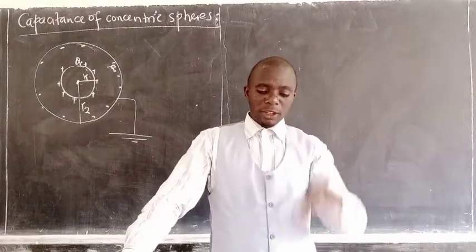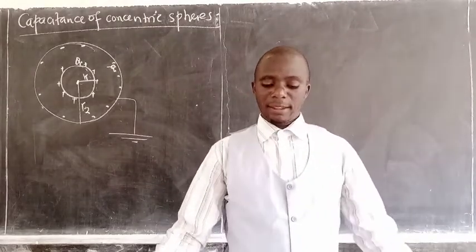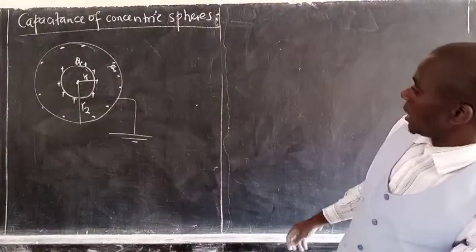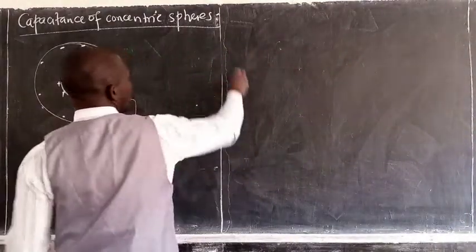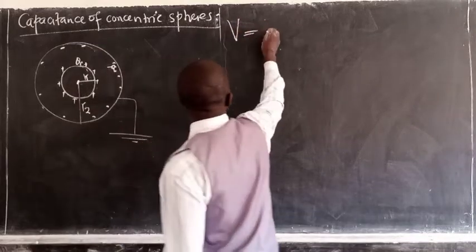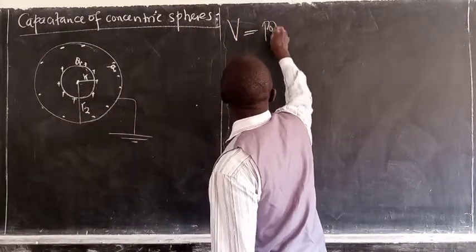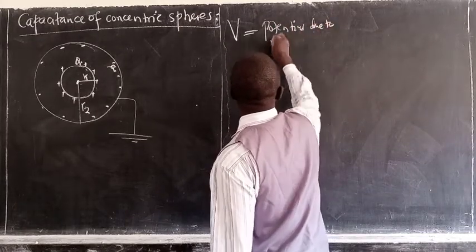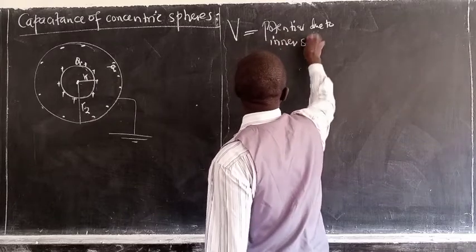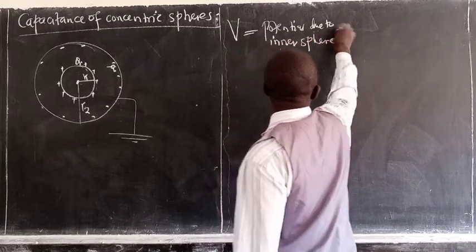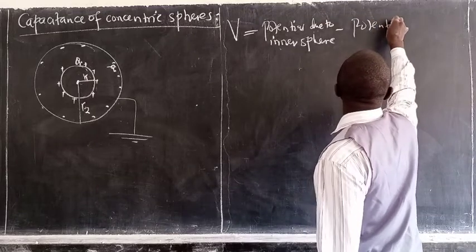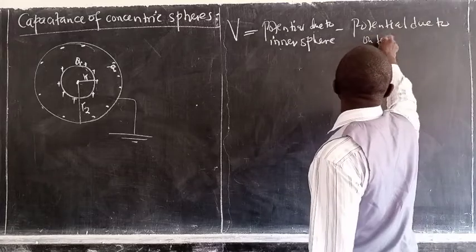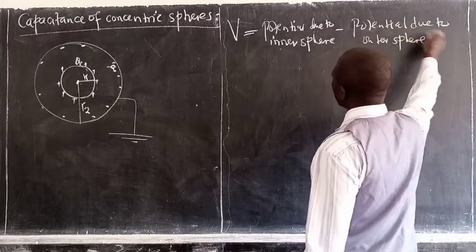It will be the electric potential due to the inner sphere. The V of the arrangement will be the potential due to the inner sphere minus the potential due to the outer sphere.